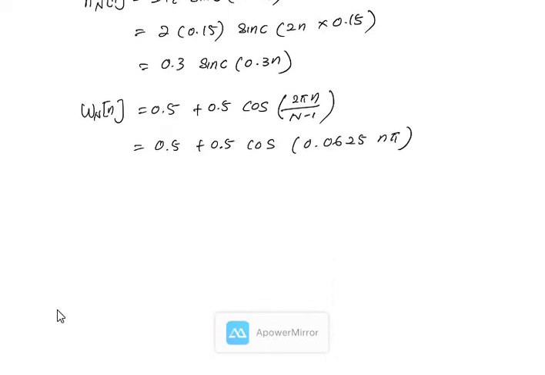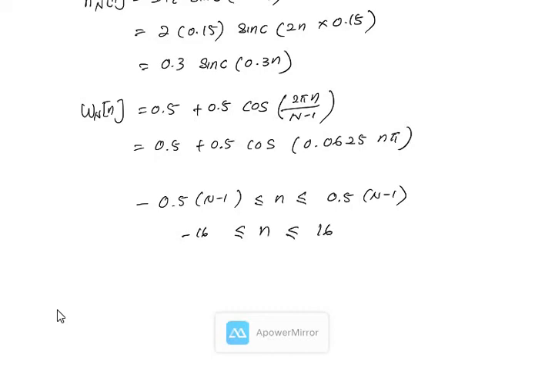And then we need to calculate the range, which is from minus 0.5 (N minus 1) less than n and less than 0.5 (N minus 1). N is substituted with 33, so 33 minus 1 is 32, multiplied by minus 0.5, you get minus 16 up to 16.